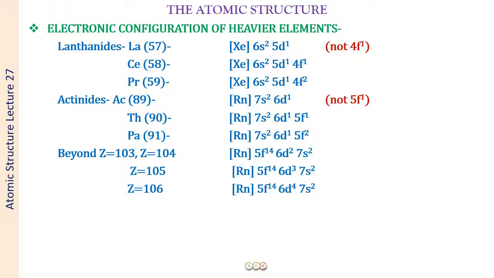And for Z equal to 106, it is going to be 5f14, 6d4, 7s2 and so on. Coming up to the 112th atomic number, here we have 5f14, 6d10 and 7s2, completely filling all the 5f and 6d orbitals.